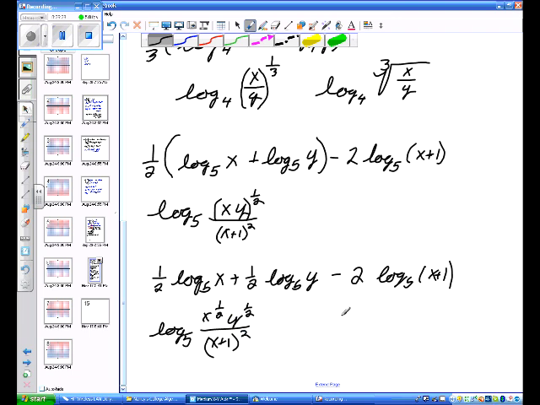And we do have a rule back with our exponents that if you're multiplying these and you're taking the same root, which would be the square root of x times the square root of y, that's equal to the square root of xy. So we still get the same thing because up here it was the product that we were taking the square root of, which is what we're saying here. So if you have trouble remembering, then go ahead and do your simplification, distribute that 1/2, and then you can raise each one of them to the 1/2 power.